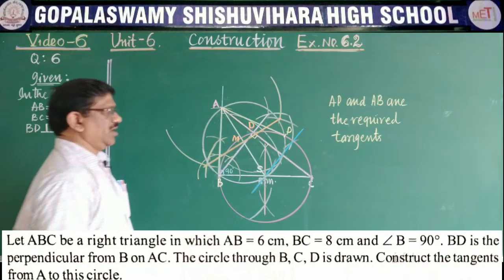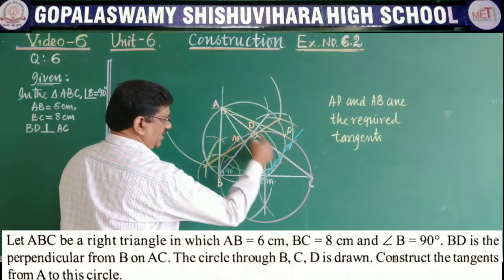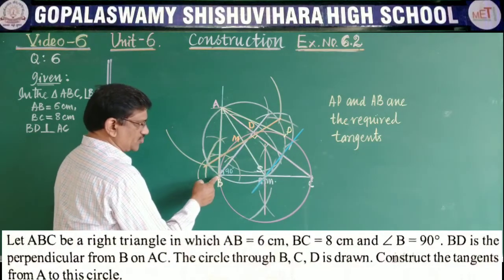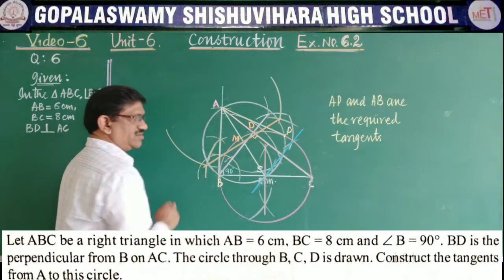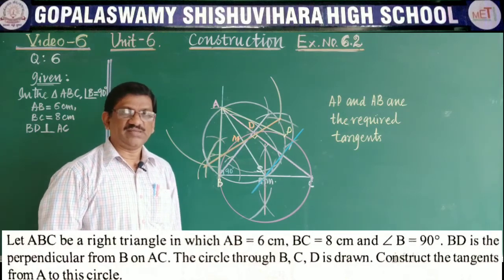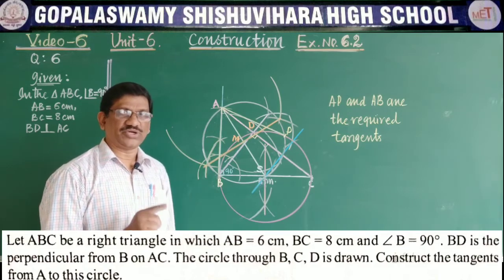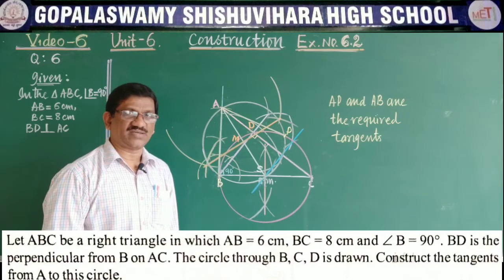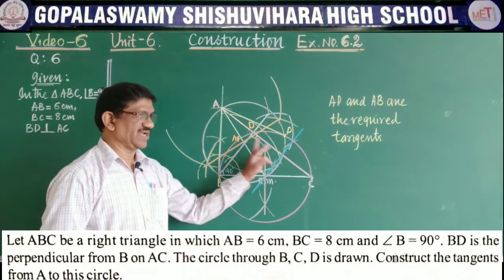Next, for the triangle BCD, we have to draw a circle so that it passes through the points B, C and D. For that, we have to construct a circumcircle. While constructing a circumcircle, we have to construct perpendicular bisectors for at least any two sides of the triangle.